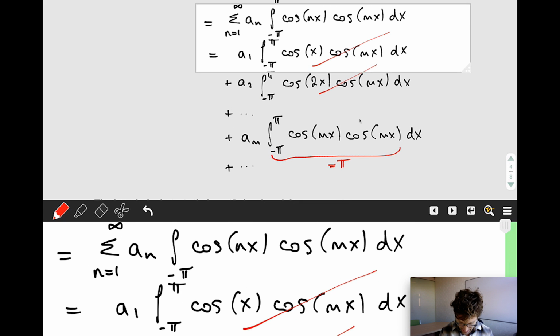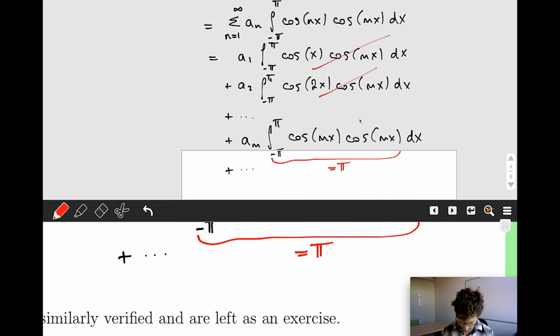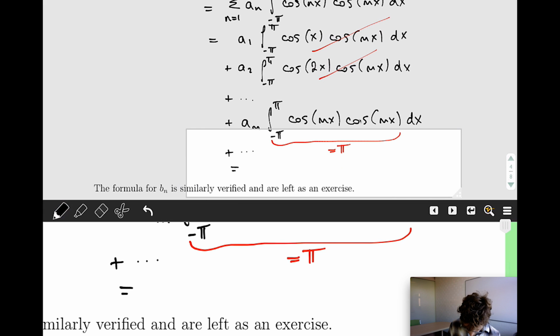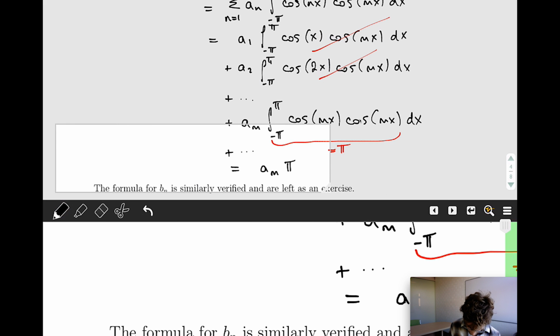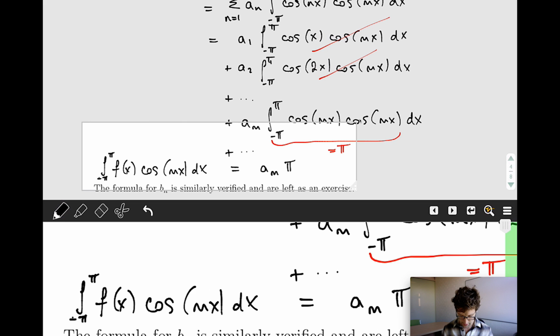So out of this infinite summation, I get a single term surviving, and that term is am times pi. So let's remember what I started off with. I had the integral from minus pi to pi of f of x cosine mx dx is equal to am times pi, and I can easily rearrange that to get the formula I'm looking for.